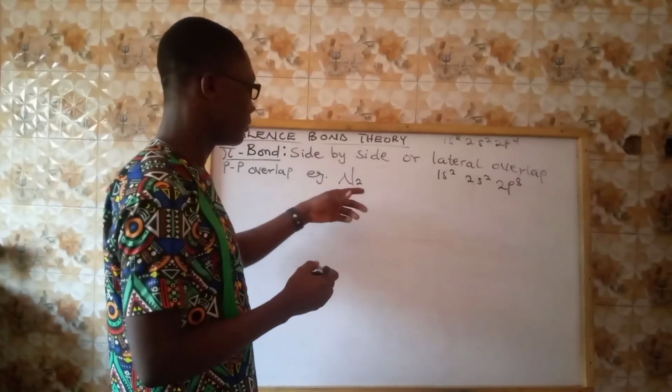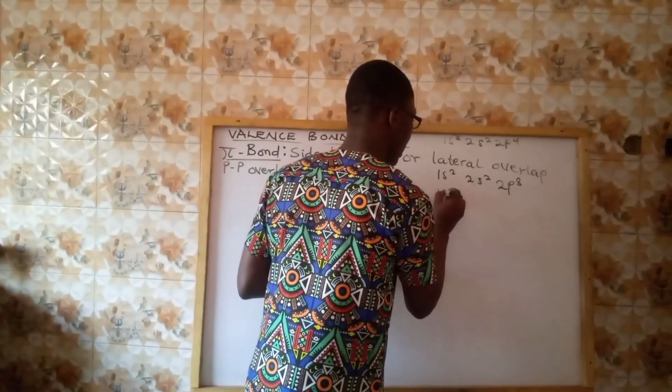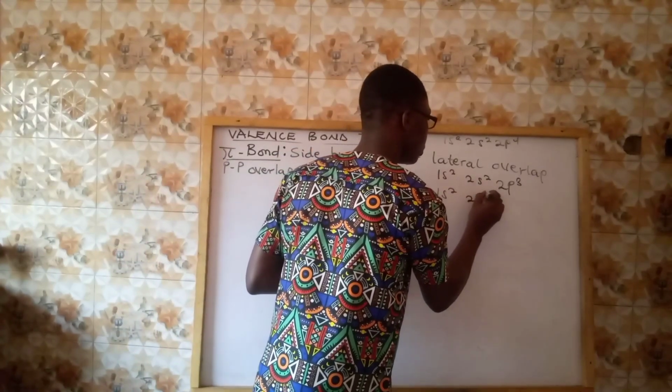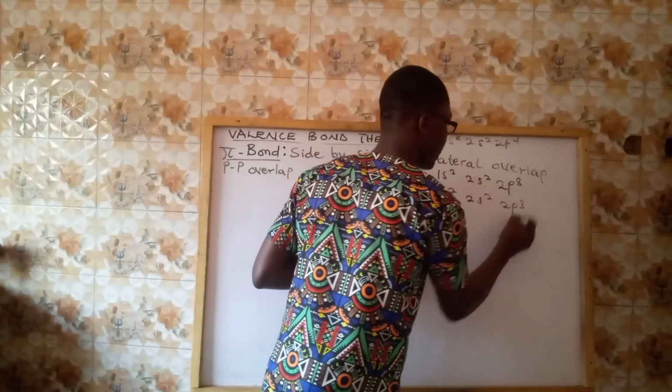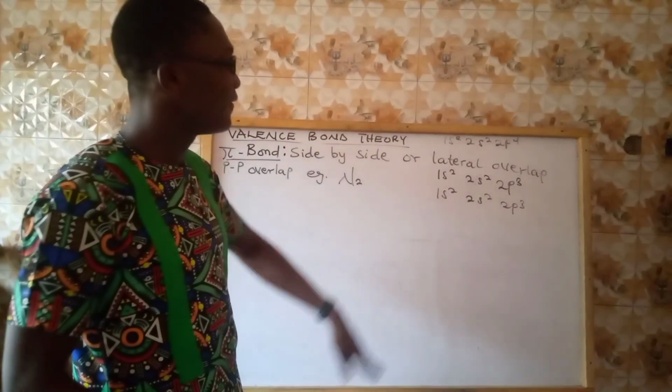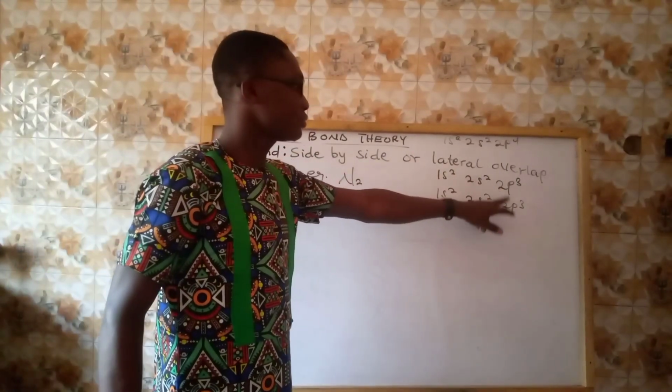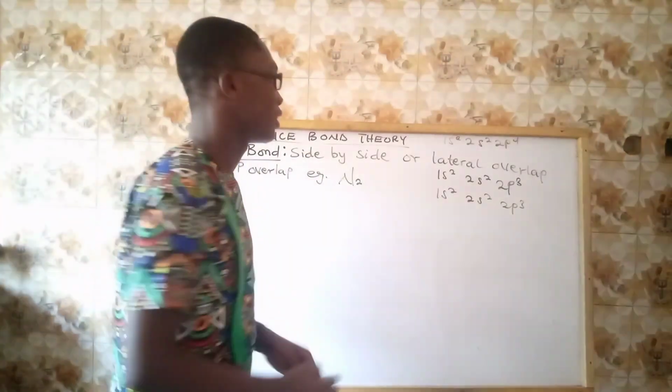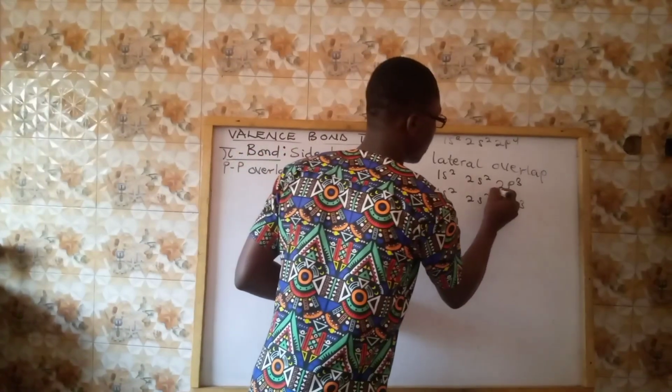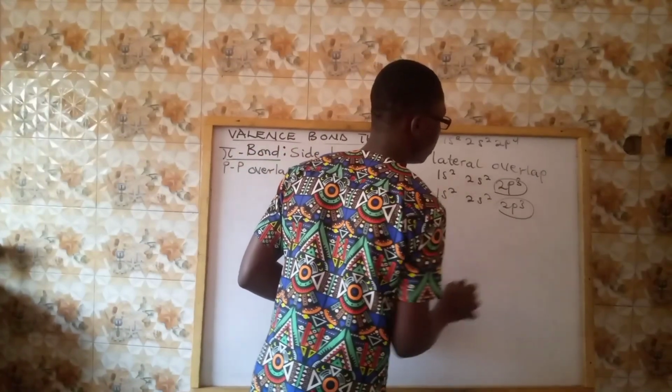Since you have two of them, you have another one, 1s2, 2s2, 2p3. But our focus will be on the valence orbitals, so you have 2p3 and 2p3.